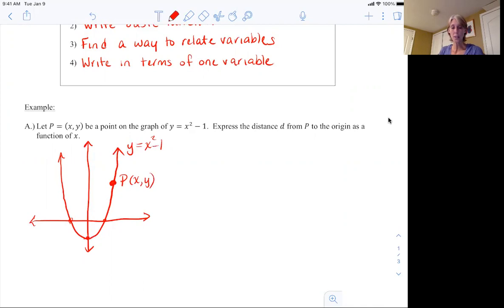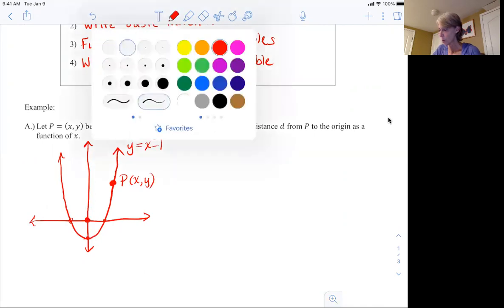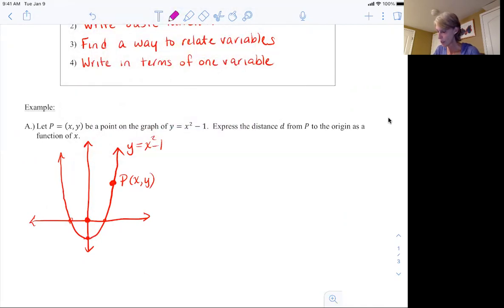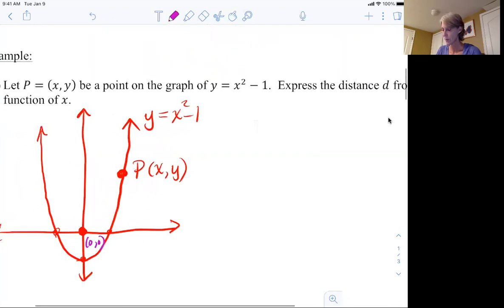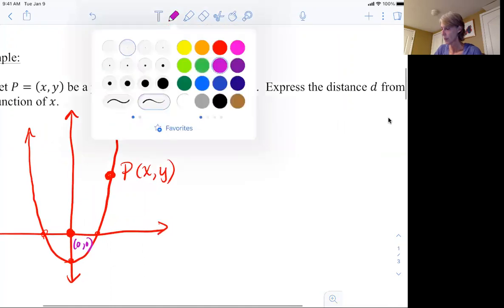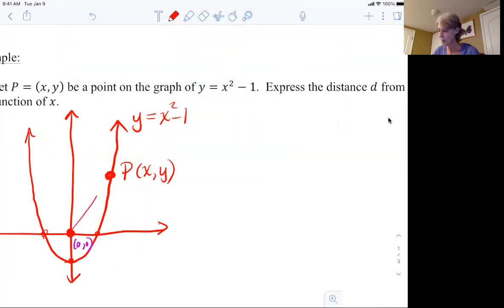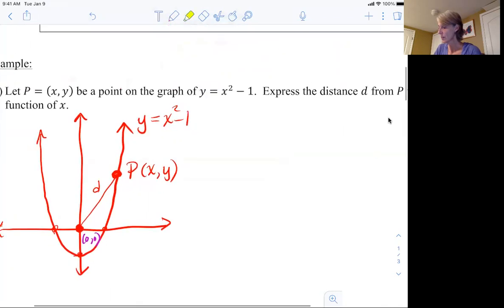And we want to express the distance from point P to the origin, which is the point (0, 0). And we want to express that distance as a function of x. Okay, so when you see the word distance, that's going to help you pick your basic function. Distance is our key word.